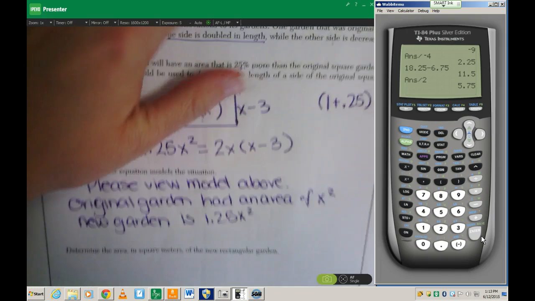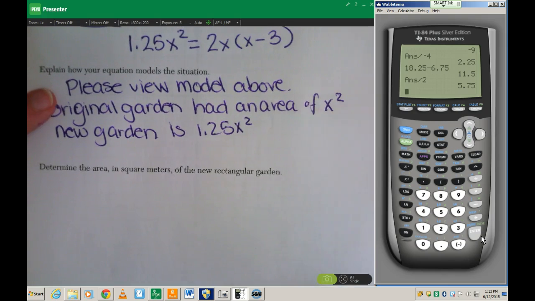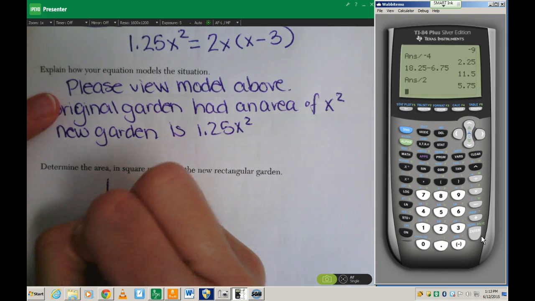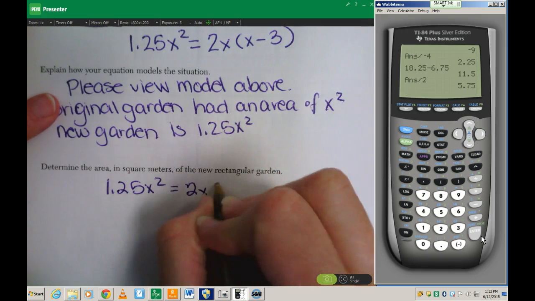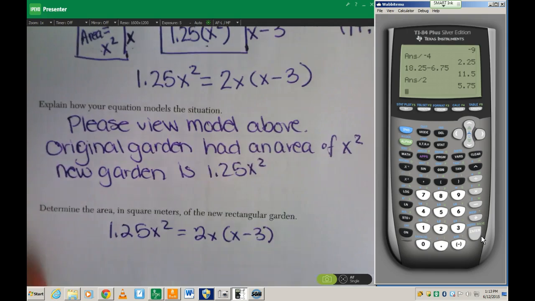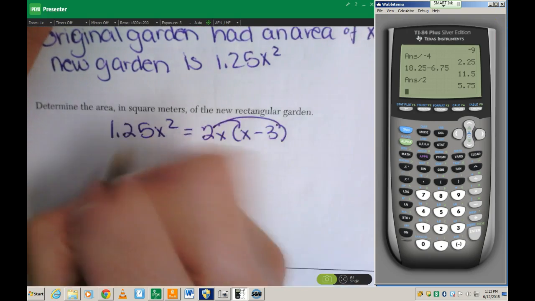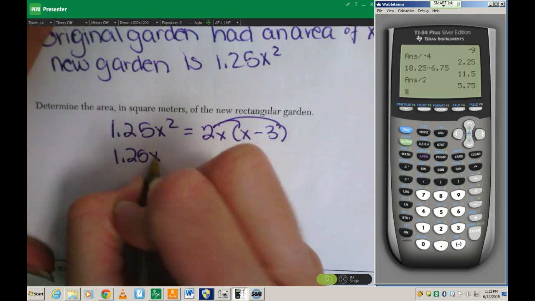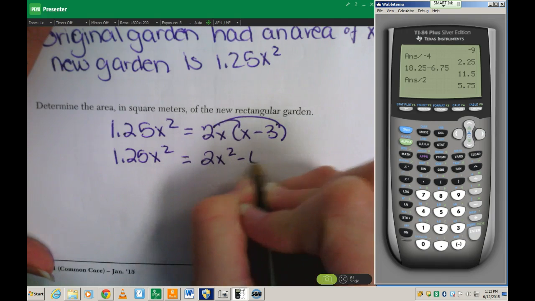Okay. Now it wants us to actually determine the area. So we're going to rewrite our formula that we did up here. 1.25x squared equals 2x times x minus 3. Let's solve it. We've got to distribute first. So we have 1.25x squared equals 2x squared minus 6x.